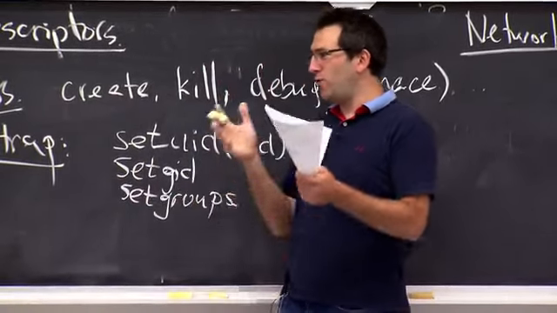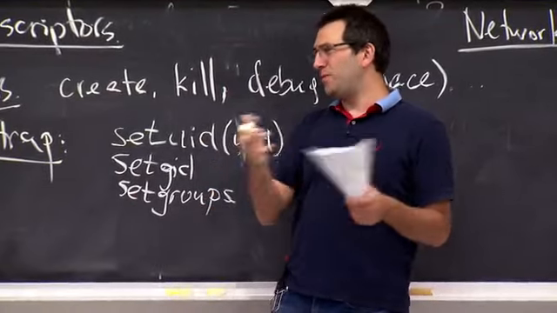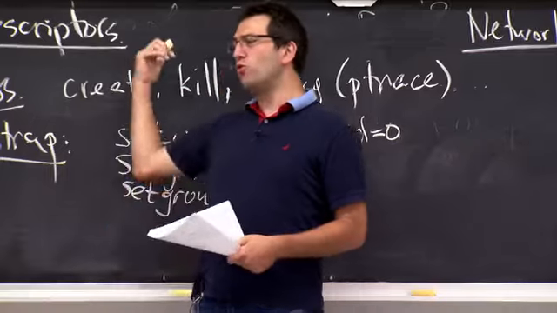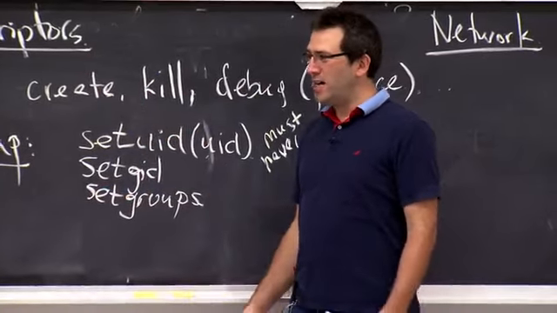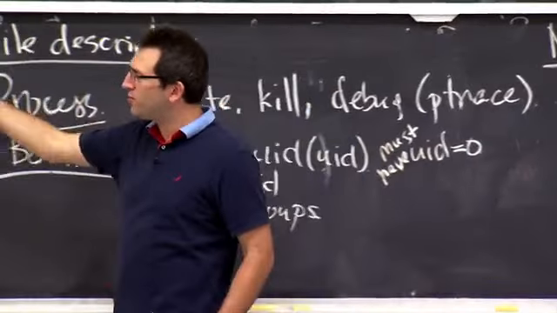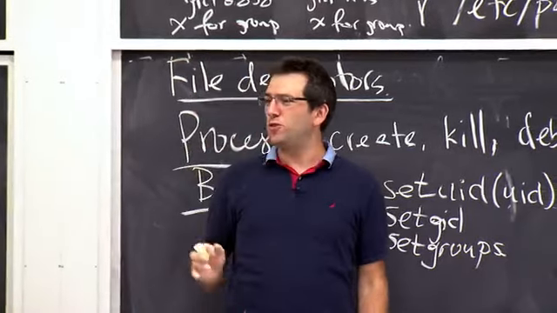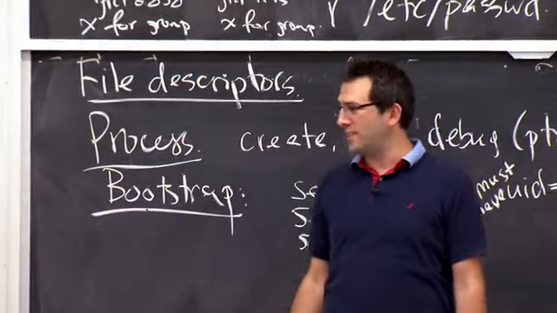So in general, if you're a particular non-zero UID, then you're stuck. You can't change the owner of any file. If you're root, you can change it to anything you want. There's some complications if you were a setuid binary and you switch from one UID to another. It's a little bit tricky. But for the most part, you basically can't change the owner of a file unless you're root.